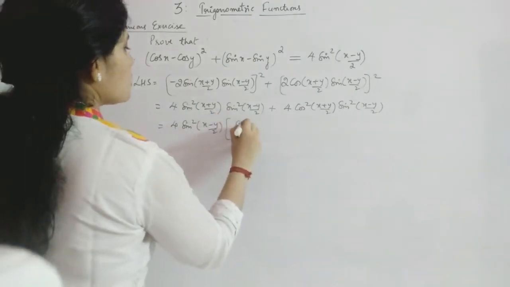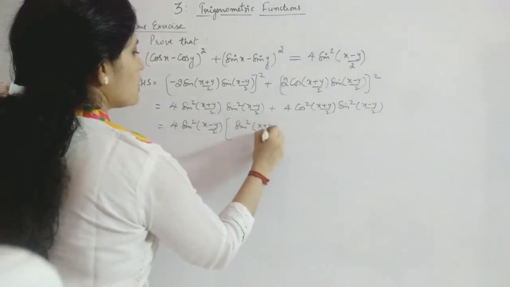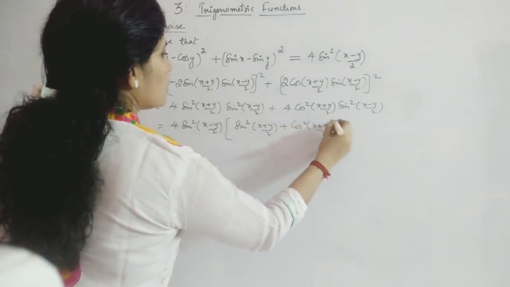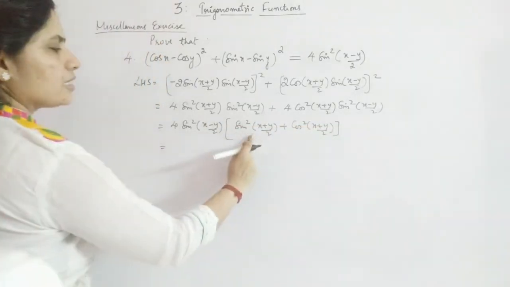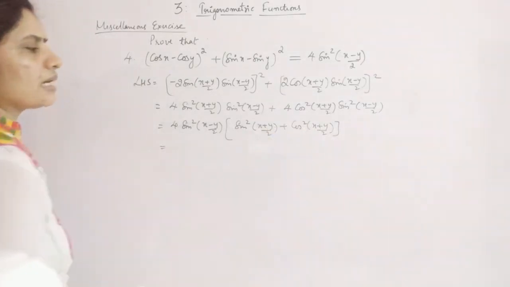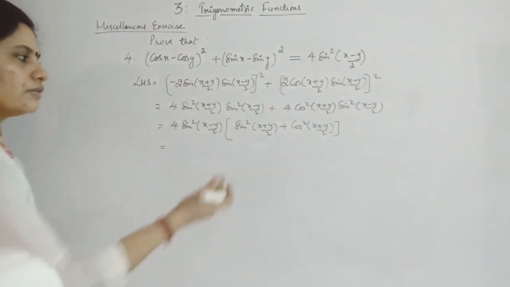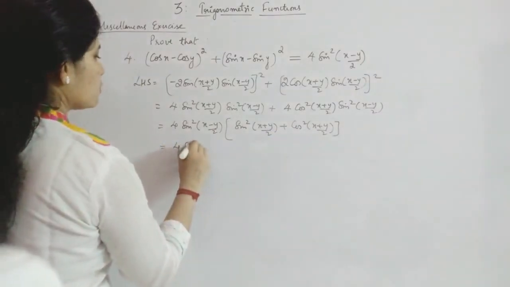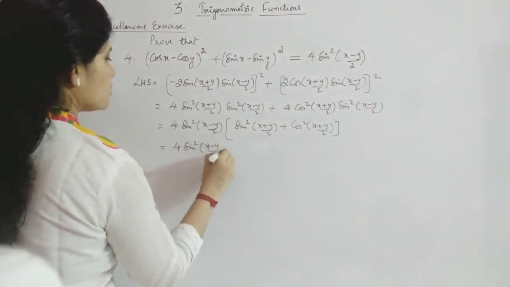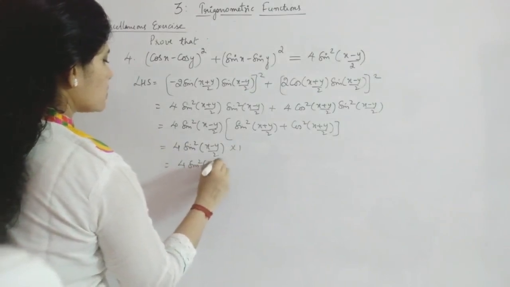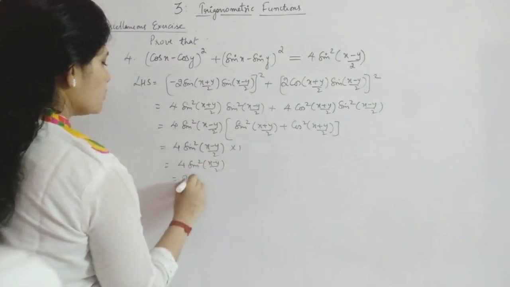So remaining is your sine square of (x plus y) by 2 plus cos square of (x plus y) by 2. And both have the same angle, and sine square of one angle plus cos square of the same angle will give you 1 here. So it is 4 sine square of (x minus y) by 2 into 1, which is equal to 4 sine square of (x minus y) by 2, equal to your RHS.